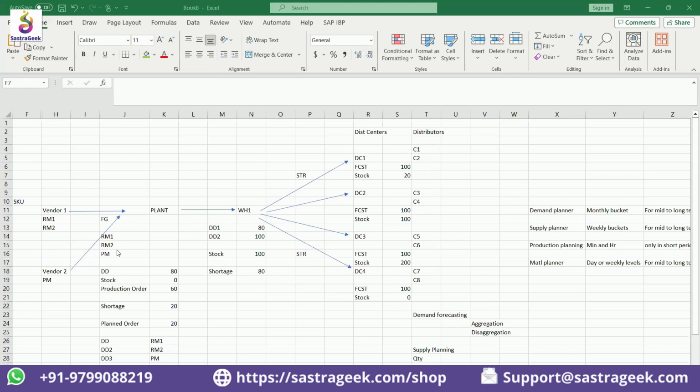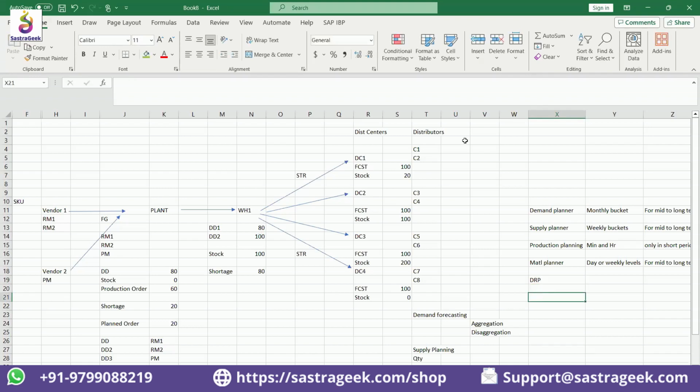Right? Now, I also talked about distribution requirement planning when I was giving this example, but I did not discuss this when I was talking about the network, right? So what is this distribution requirement planner role? It is called DRP, distribution requirements planning.